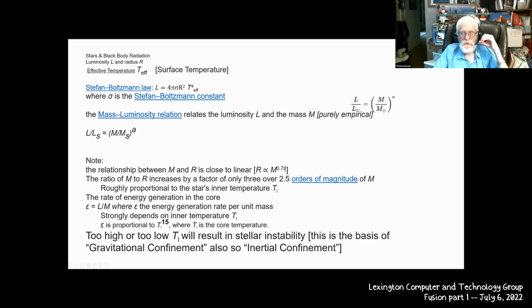For the sun, the closest fit is 0.78, similar to stars like the sun. And it relates to the energy generation in the core and is roughly proportional to the star's inner temperature.